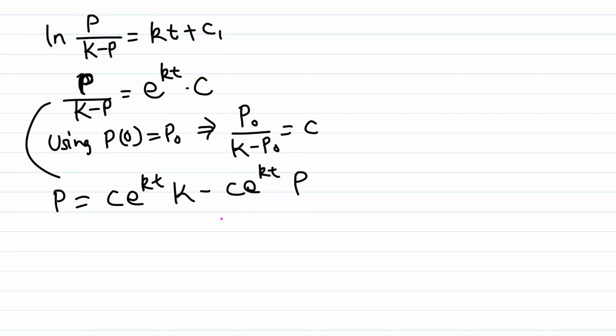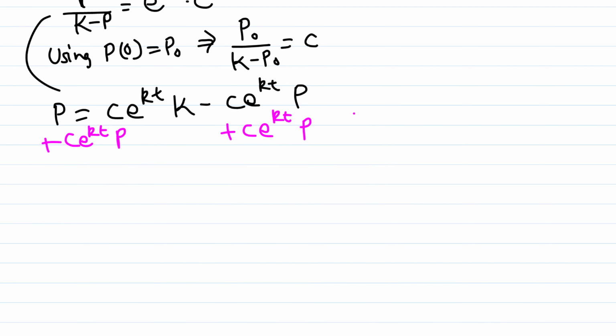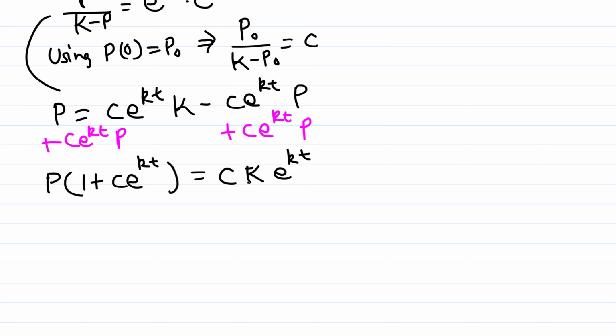Add C e^(kt) P. And so on the left side, we can factor P out: P times (1 plus C e^(kt)) equals, this is left, so C K e^(kt). Okay, this is uppercase K.